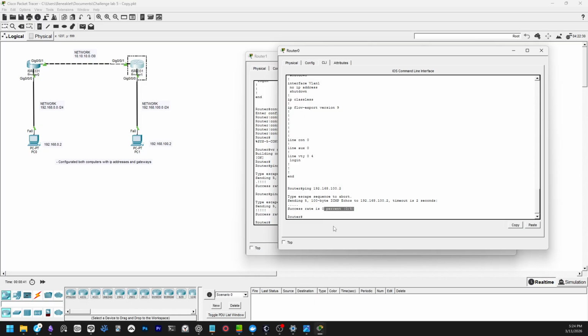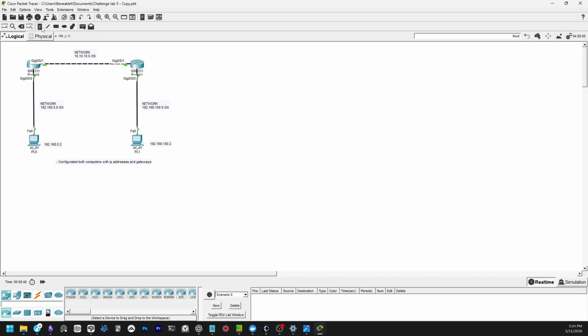The main reason is that we haven't configured the static route. The IP route command is very simple, very easy. The syntax is the destination here, the subnet mask here, and then the next hop.